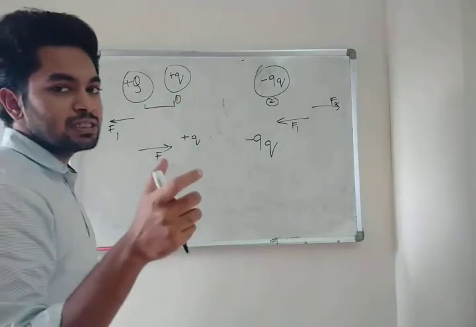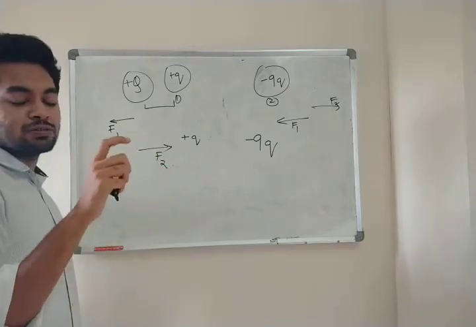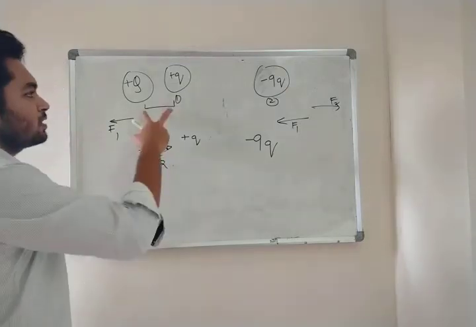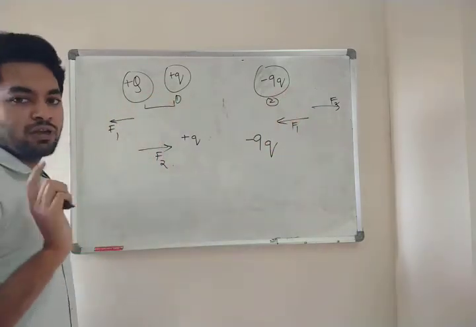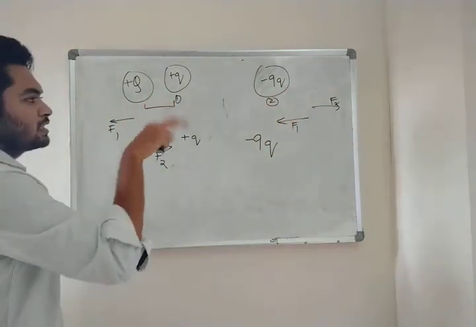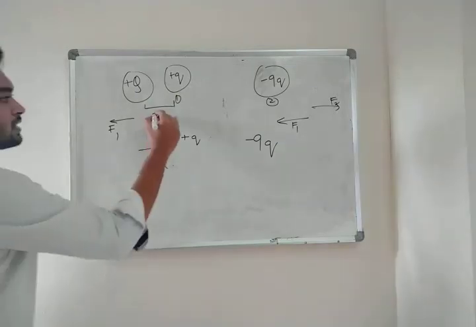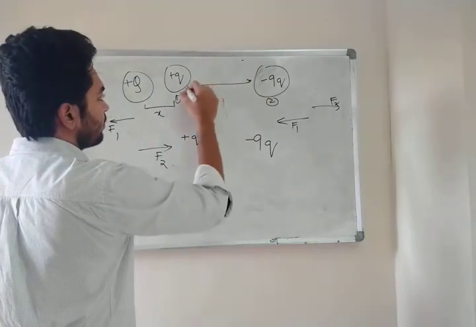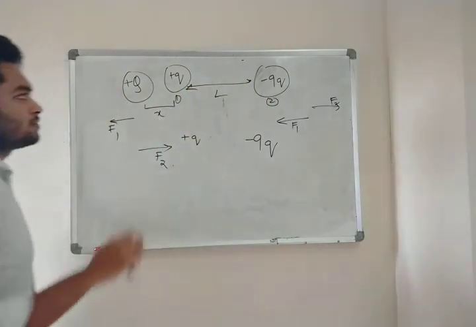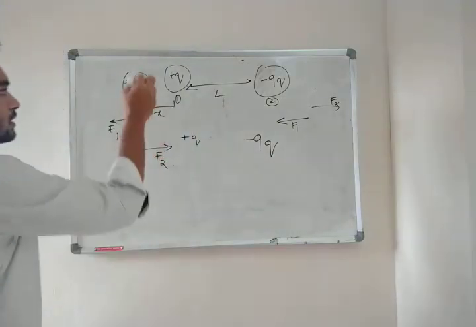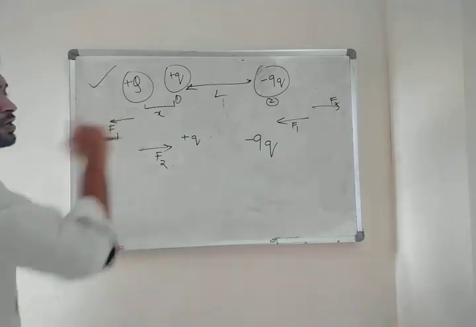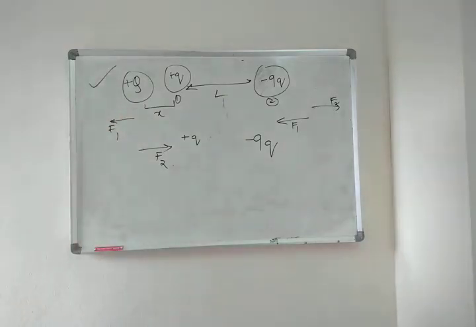The distance of smaller charge matters, because here it is 9 times greater, here it is only single time, 1q. So here the distance matters. If this is x and this is L, understood? X and L. So this case we are going to consider in our problems.